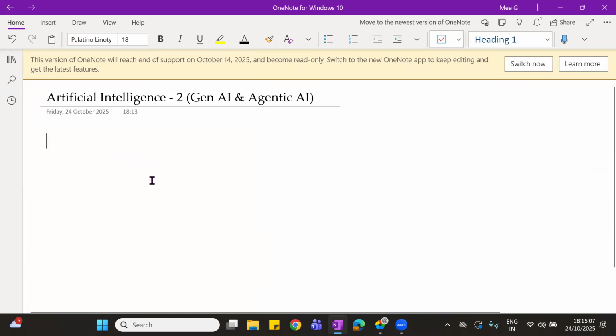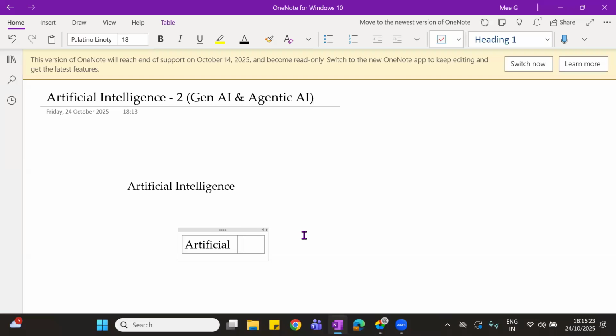When you look at artificial intelligence, it is a combination of two words: one is artificial and the second one is intelligence. Now, intelligence is nothing but expertise in a particular sector.